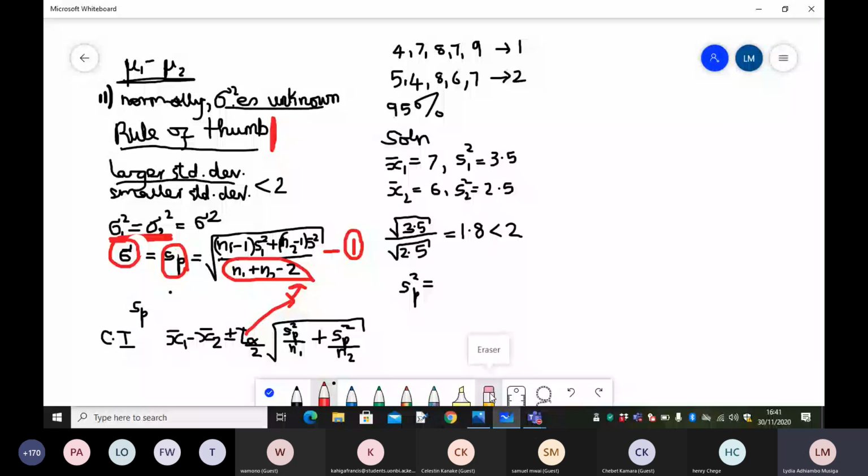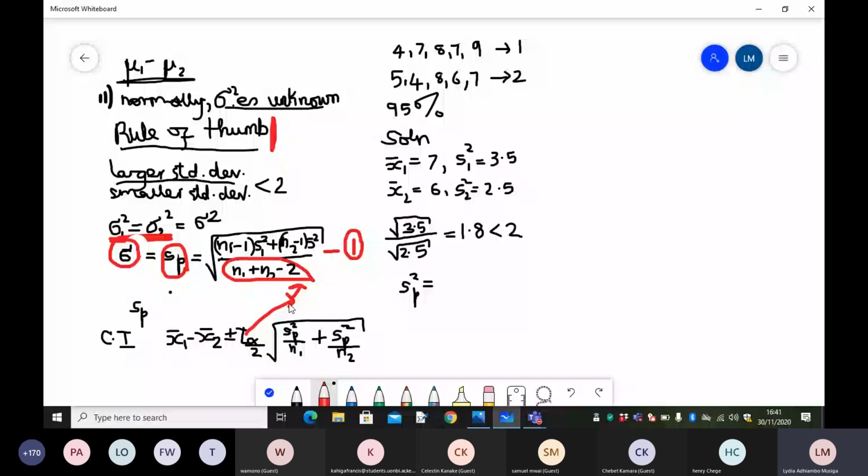So we can just calculate SP. We can calculate SP, and if we calculate the pooled sample variance, which has the square sign, then the quantity in the bracket will not arise.